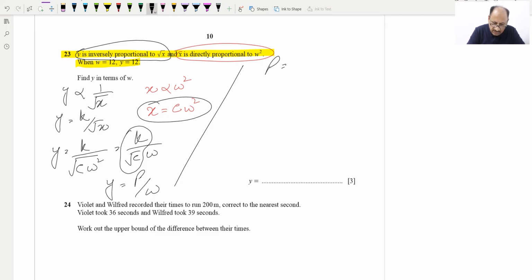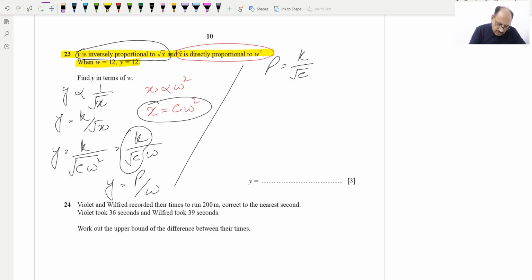We have taken p as k over the square root of c, and we know that this p value will be a constant, 12 over 12, because w and y are both 12.